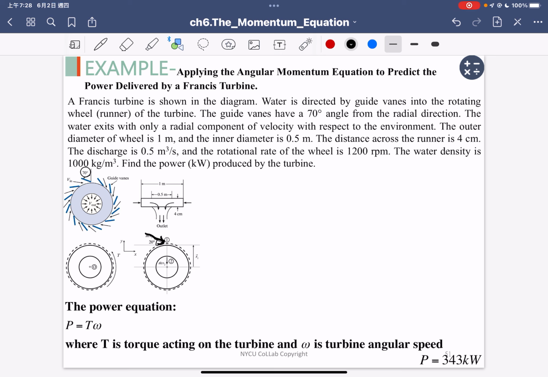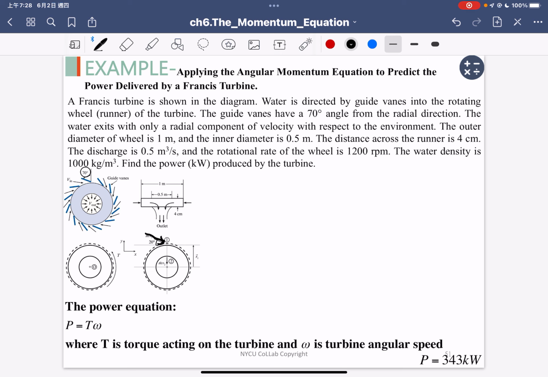the other intersect angle is 20 degrees here, and then the water has only a radial velocity component with respect to the environment. The outer diameter is 1 meter, and the inner is 0.5 meter.